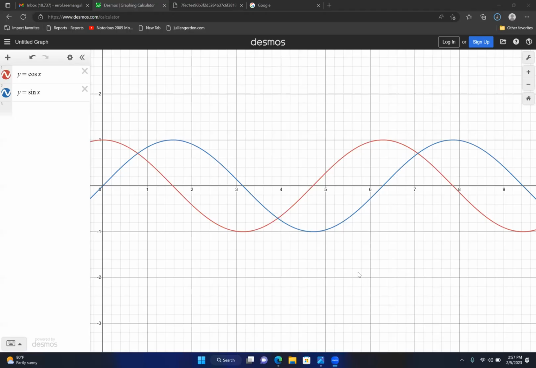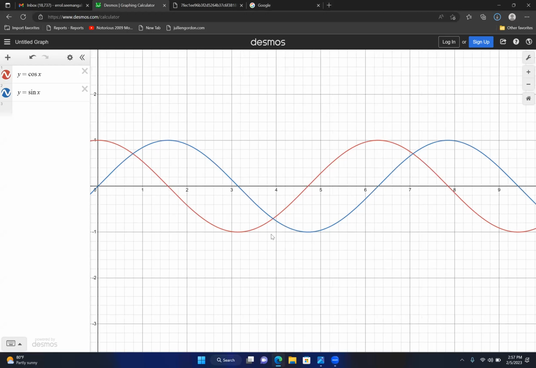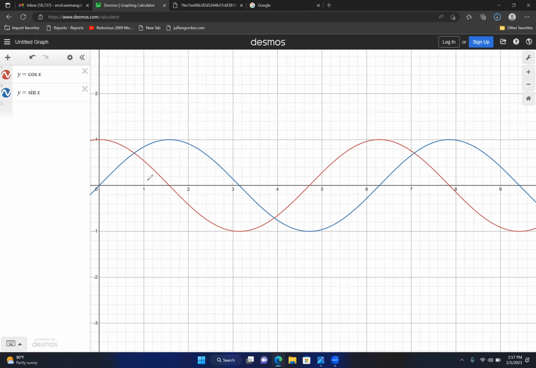See the red and the blue graph? We kind of talked about the cosine graph already. The red has one key point, 2, 3, 4, and 5. Same thing with the blue graph. It starts at 0, 0. There's one key point, 2, 3, 4, 5.